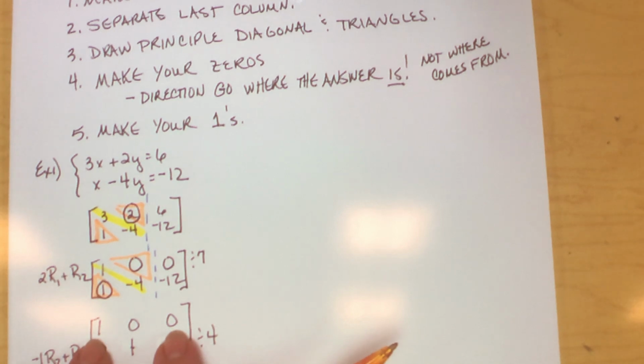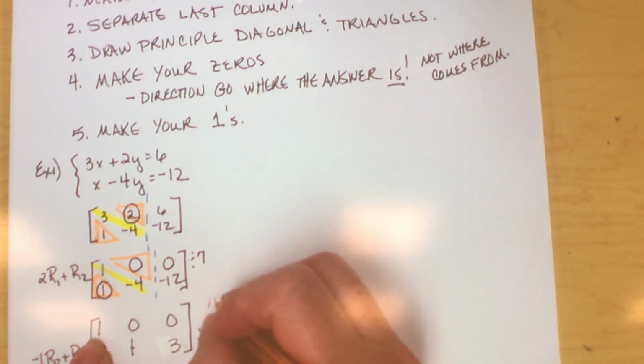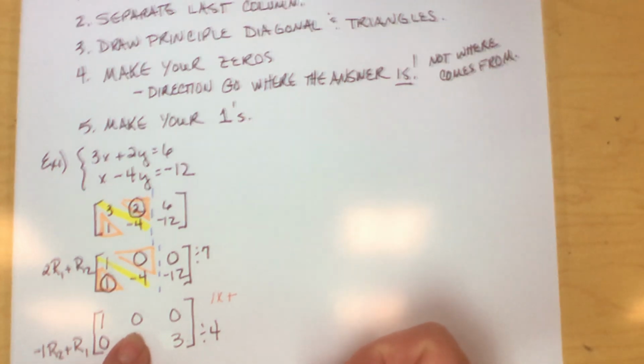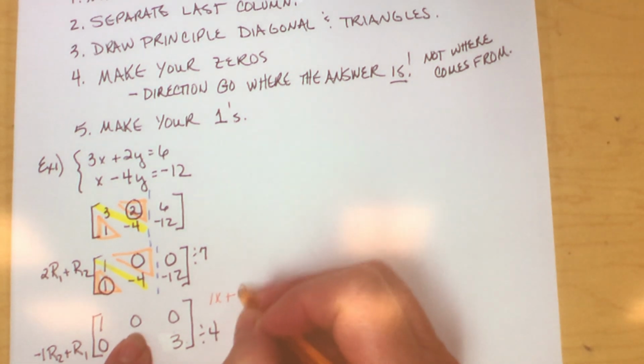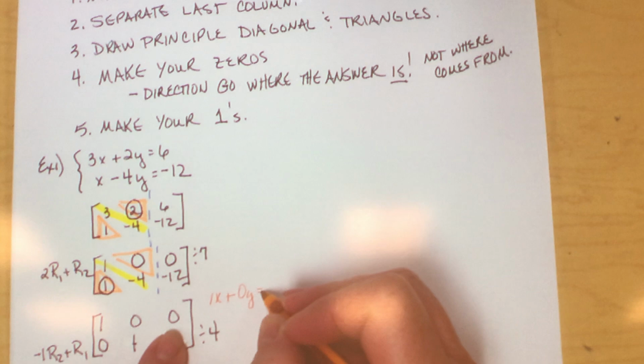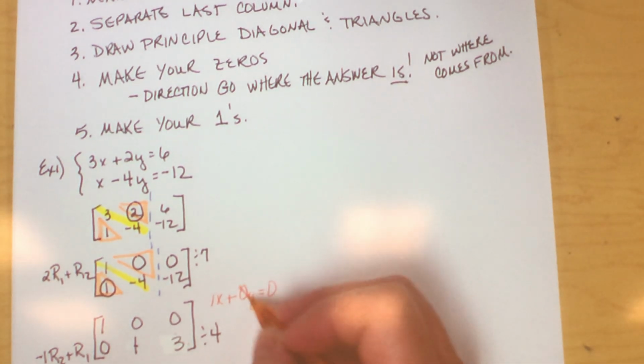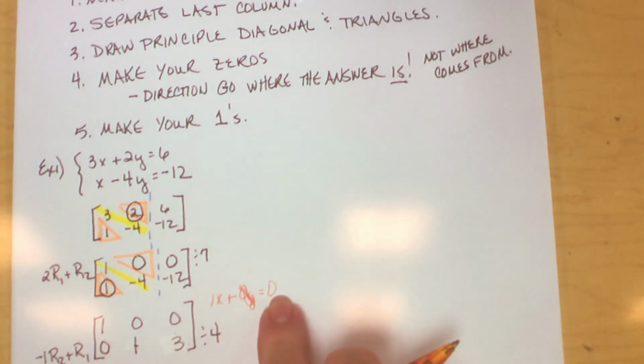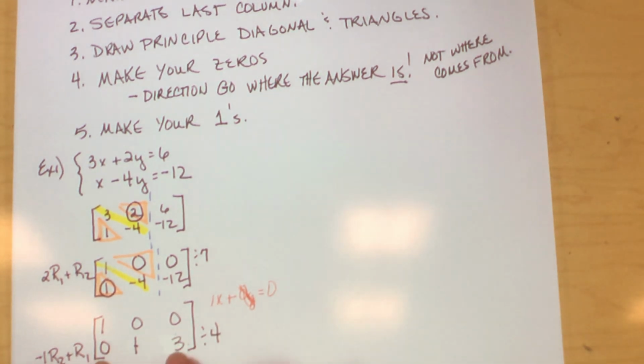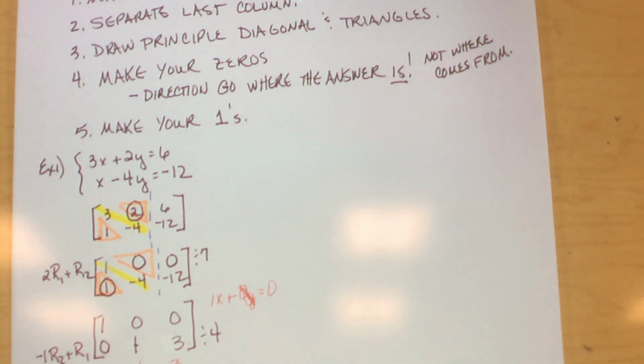It says 1x plus 0y equals 0. Well, what's 0 times anything? 0. So that's gone. So x is 0. What does this equation say? 0x plus 1y equals 3. Well, 0 times anything is 0, so that goes away. So I'm left with y equals 3.